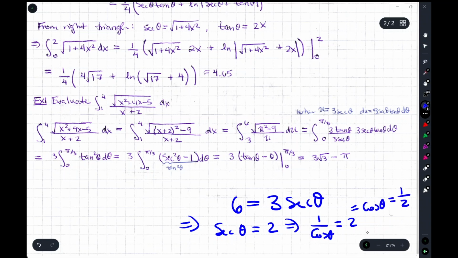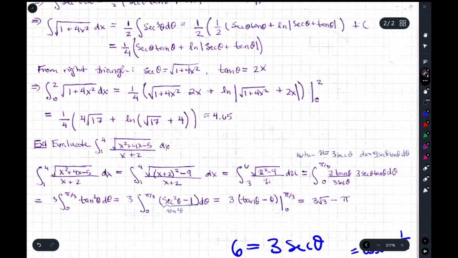And we know what angle corresponds to a half. Cosine of 60 degrees gives you a half, or pi over 3. And so you get theta is equal to pi over 3. And you do a similar thing with the 0. And so that's how these problems work.